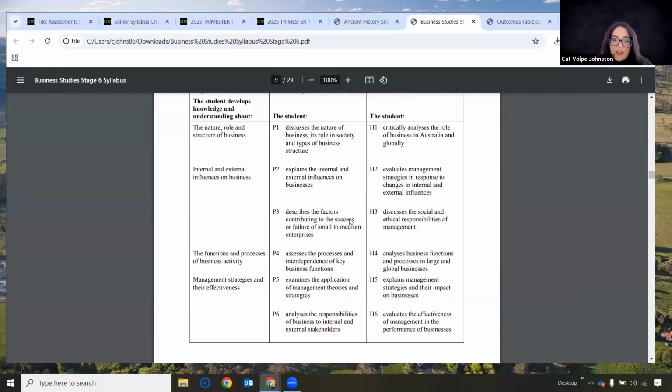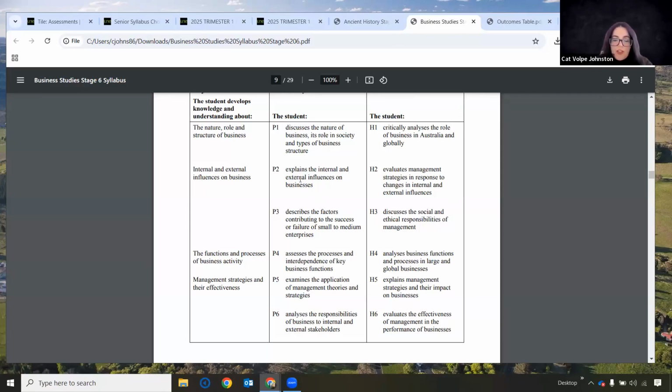What you'll notice here, it's a little bit more distinct here actually for business studies. You can see a little bit of connection between year 11 and 12 in terms of the outcomes, but sometimes it's only a difference of the cognitive verb, but here I can see it's a little bit more than that.